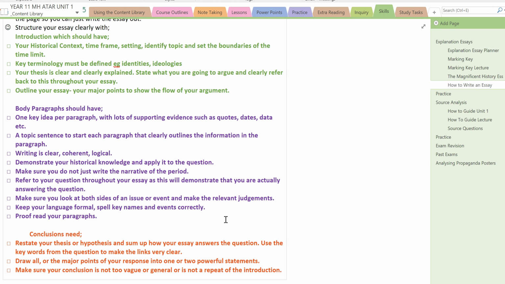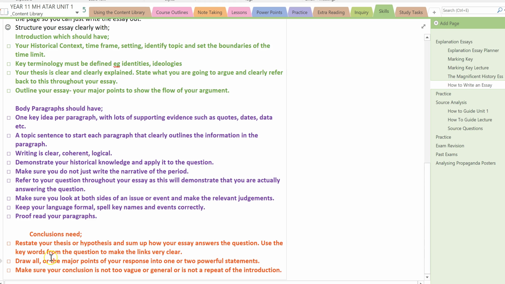You don't want to misspell the key names of the presidents, and you don't want to misspell the key names of the people in your inquiry. We are assuming that you've done the research, you've looked at it enough to have that. There's no excuse for poor spelling when you're bringing a planner in, which is what you're doing for the first one, because you can copy and paste that over. You've got a spell check. If you're not too sure of a spelling, let me know, okay? Make sure you get enough time to proofread.